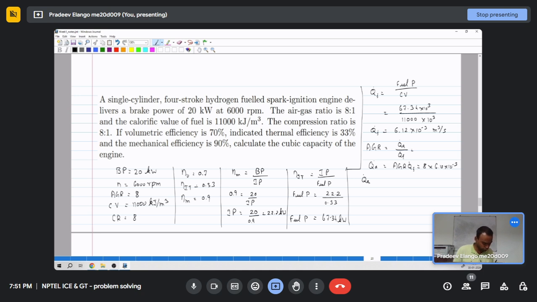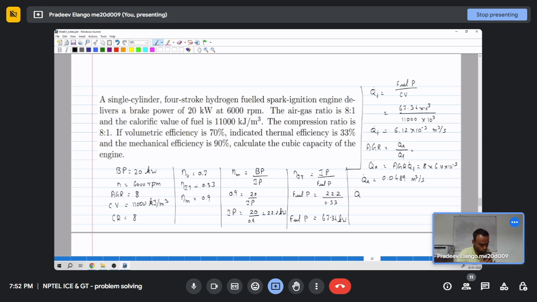So what is the rate of air? 8 into 6.12 into 10 power minus 3 is 0.0489, meter cube per second.